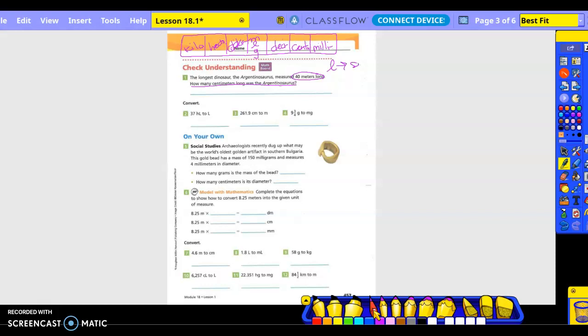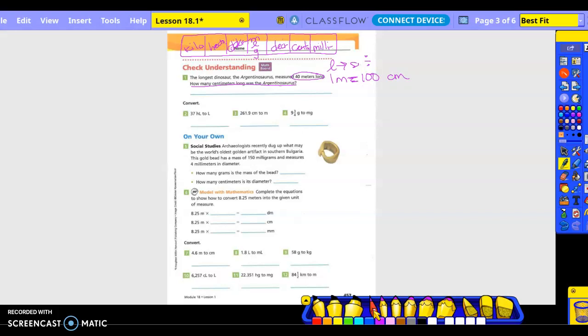So we're going to divide, okay? Now, 1 meter equals what? How many centimeters? How far apart are they? So here's our meter. How many boxes apart are they? 2. So 1 meter equals 100 centimeters.